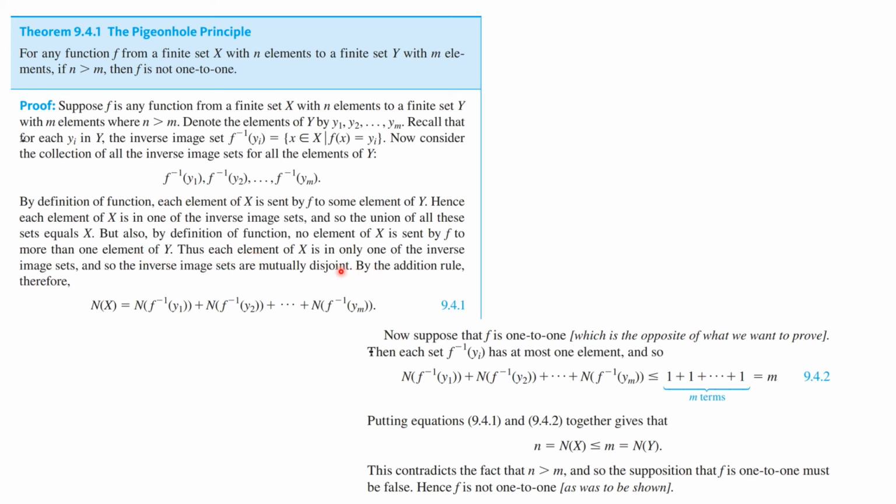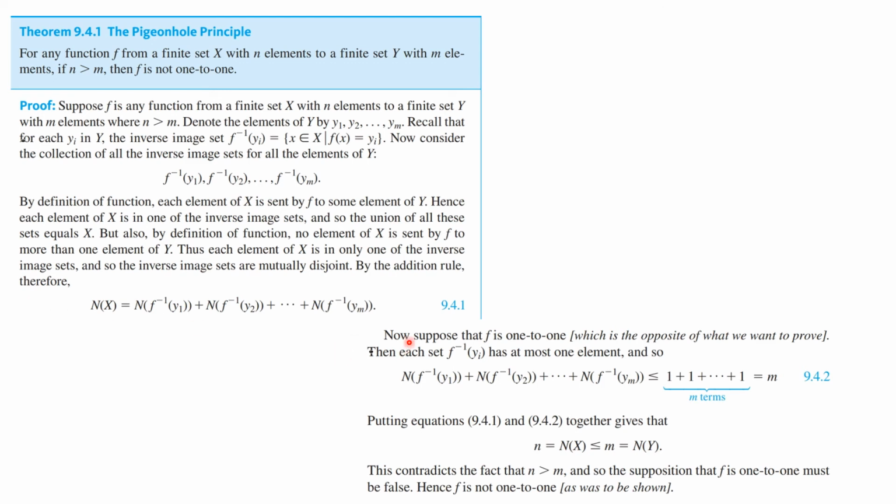Thus, each element of X is in only one of the inverse image sets. So the inverse image sets are mutually disjoint. So by the addition rule, the number of things in X is going to be the sum of the number of elements in these mutually disjoint sets that make up X.